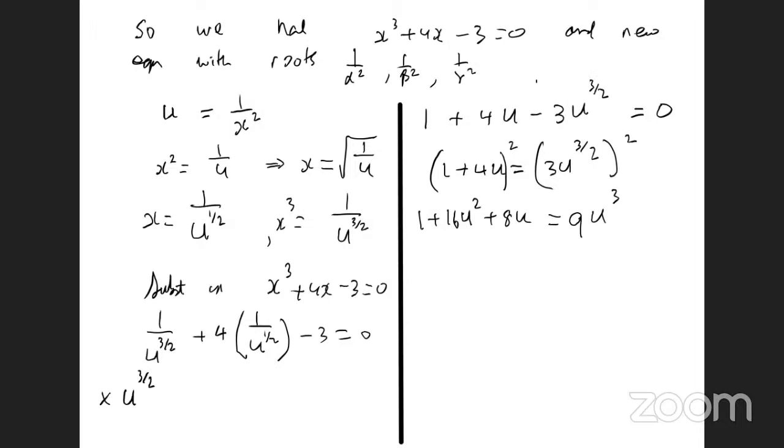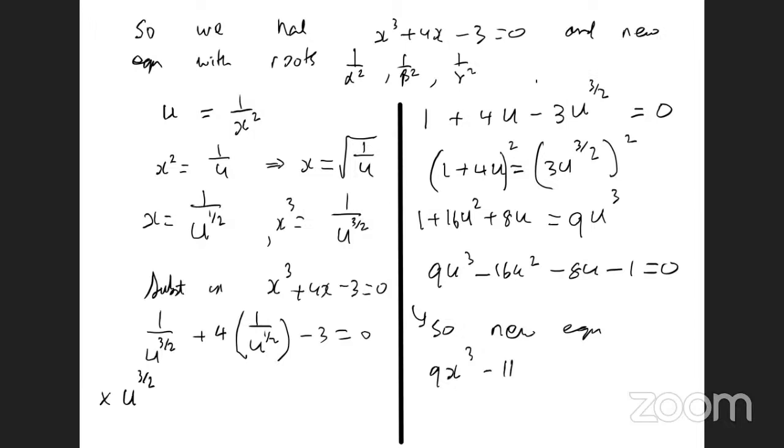Now bringing everything on your left side, I'll get 9u cubed minus 16u squared minus 8u minus 1 is 0. So the new equation, just changing the u back to x, is 9x cubed minus 16x squared minus 8x minus 1 equals 0.